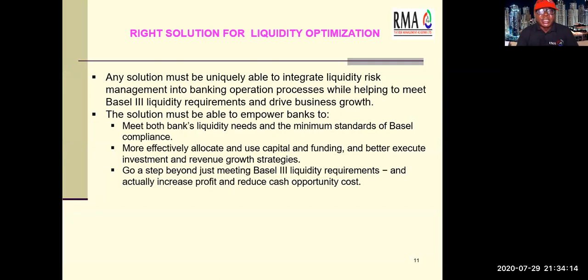So any solution that the bank deploys must empower it to meet both liquidity needs and the minimum standards of Basel compliance. Number 2, the solution should be able to effectively allocate and use capital and funding, and to better execute investment and revenue growth strategies.